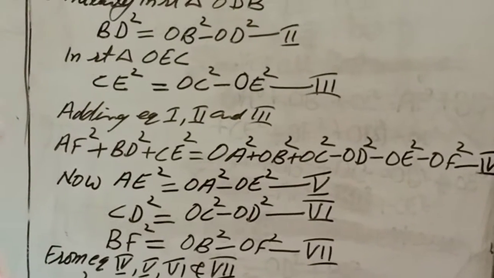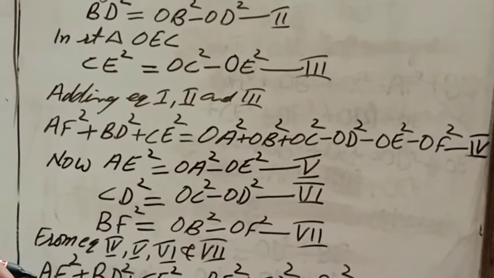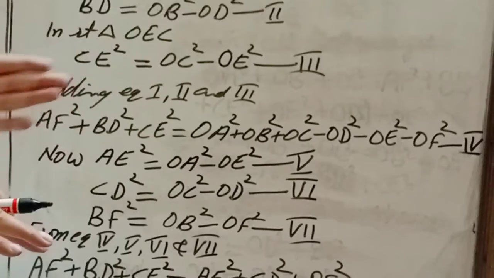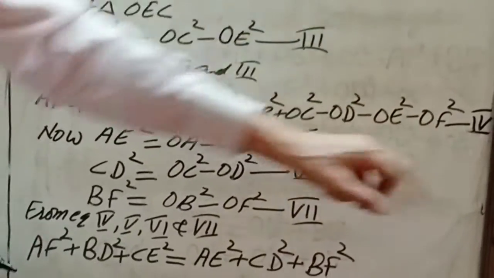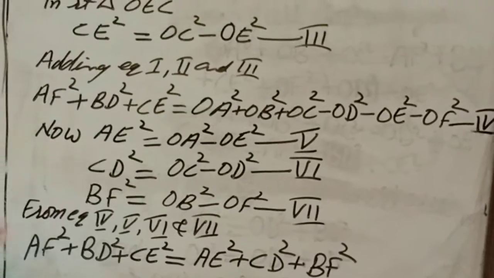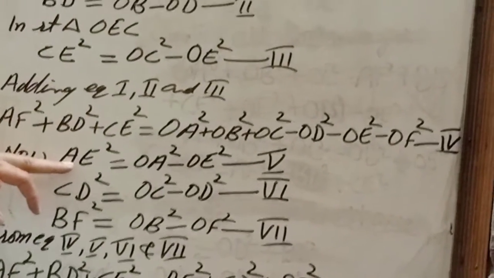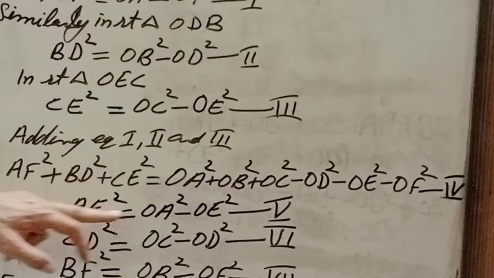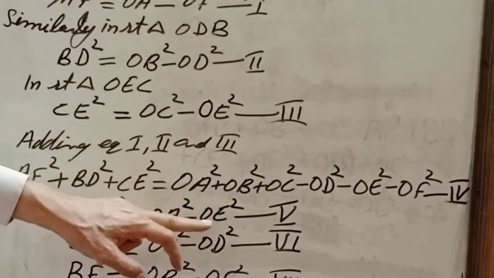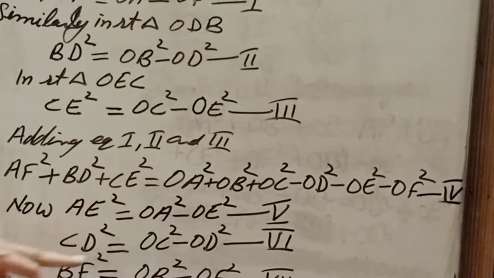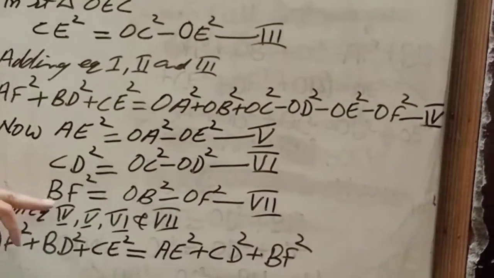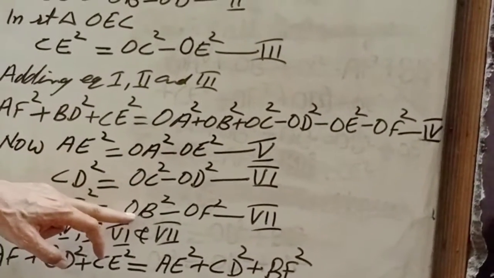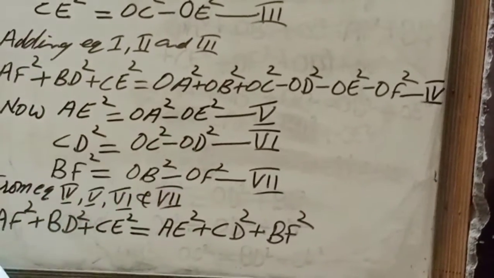Now to take forward to prove part 2, we name this equation as equation number 4. Now again AE square is equal to OA square minus OE square, and CD square is equal to OC square minus OD square, and BF square is equal to OB square minus OF square.